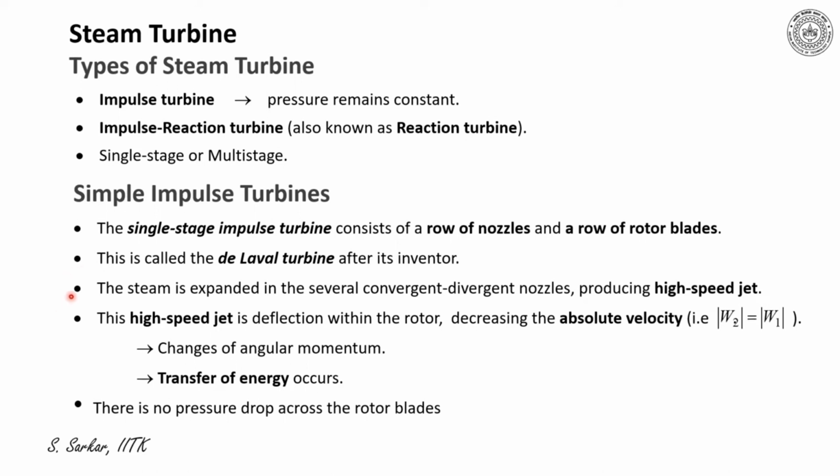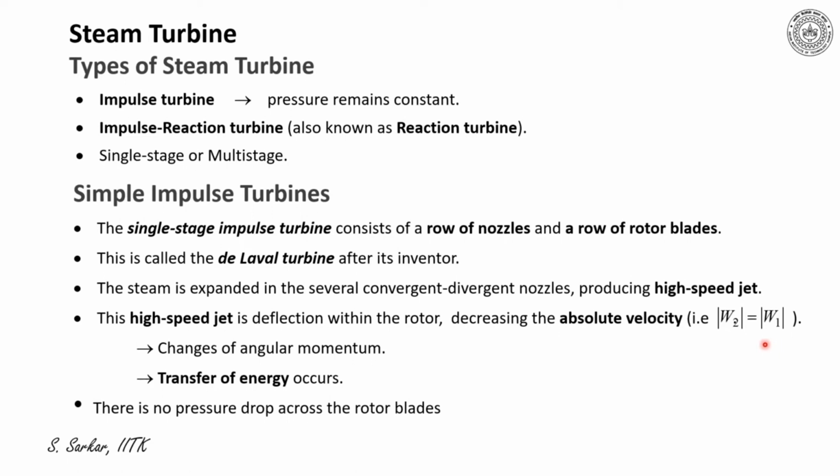Here steam is expanded in several convergent divergent nozzles, producing high speed jets, and this high speed jet is deflected within the rotor, decreasing the absolute velocity. Since the pressure in the rotor remains constant, the relative velocity would remain unchanged. That means W2 should be equal to W1.